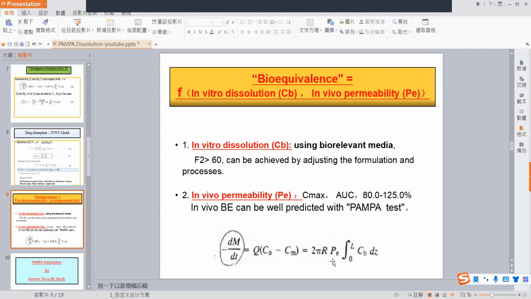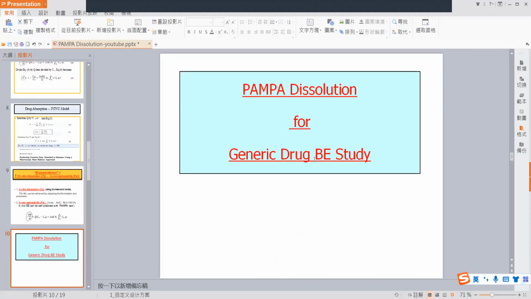Which means the skill also meets the IVIVC model. So interestingly, PAMPA dissolution was therefore invented for BE study prediction.